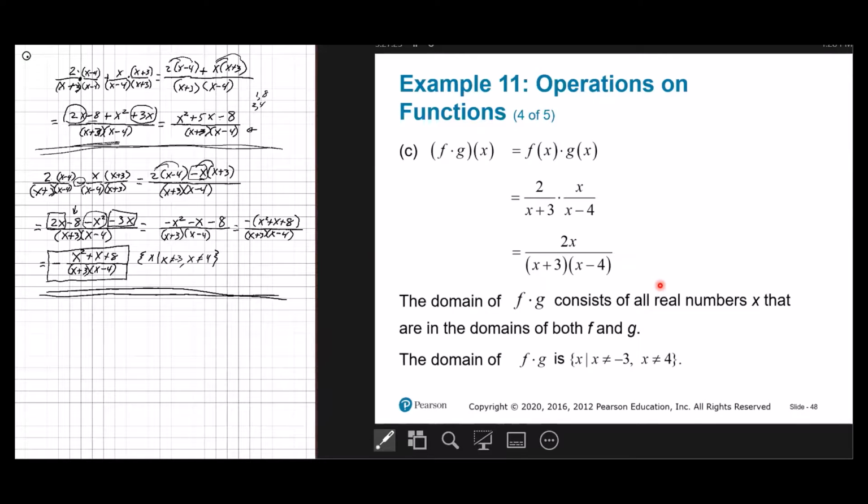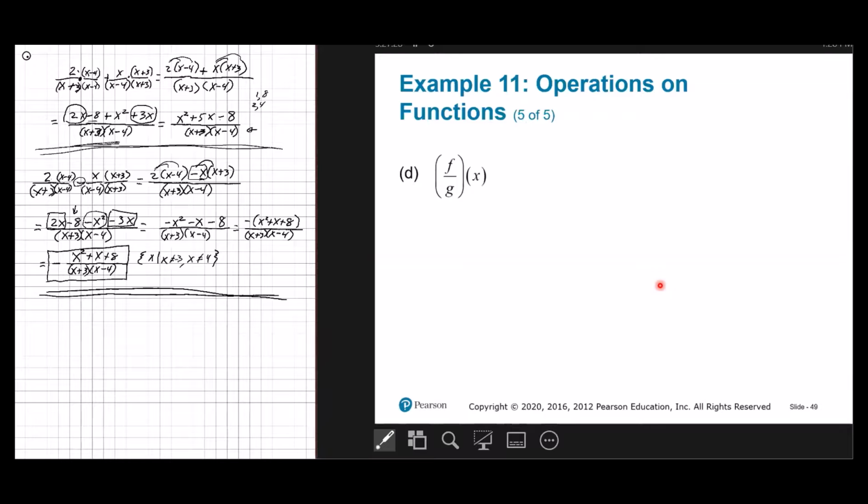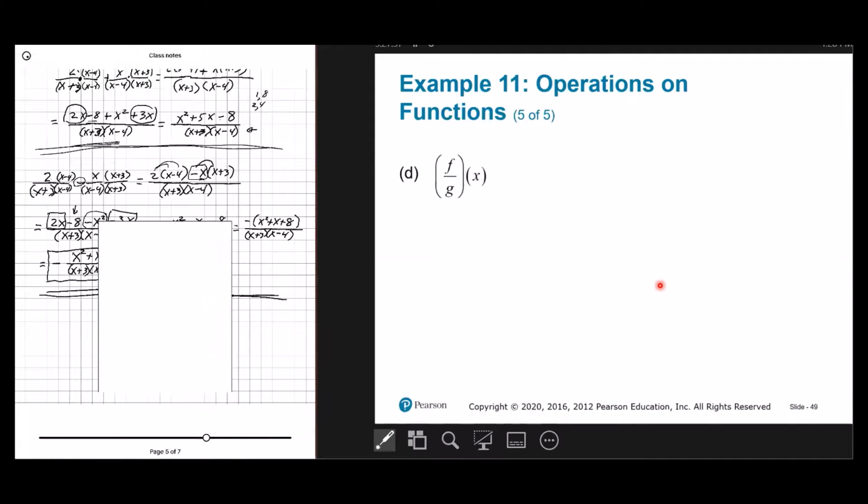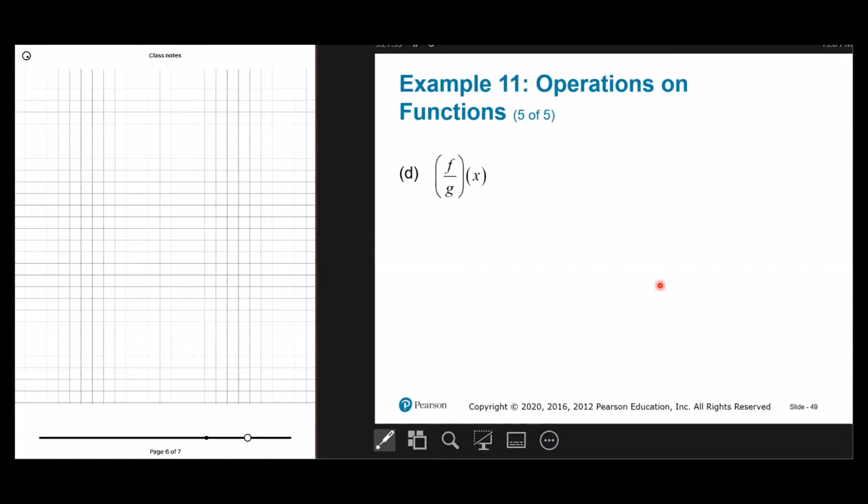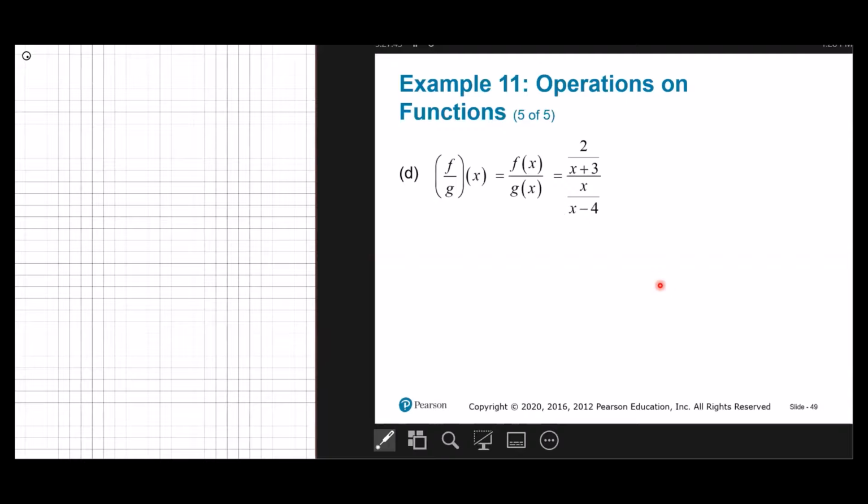Now, when we're dividing, this is where things get kind of screwy. And so that's also why I'm going to try and get to a blank page. So now we're going to be dividing the two functions. Boom.